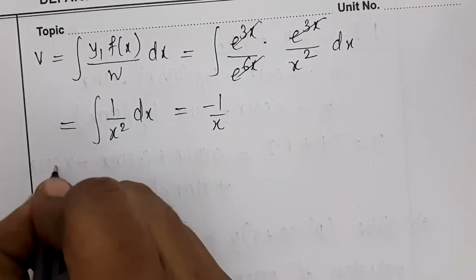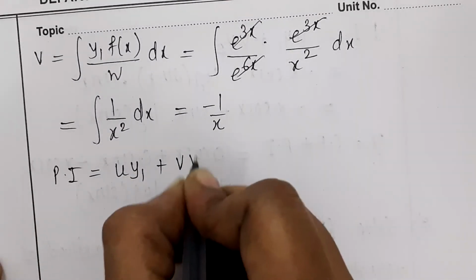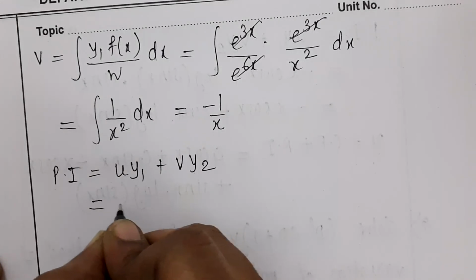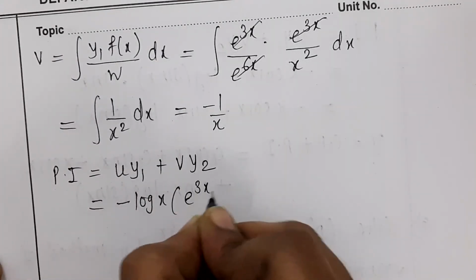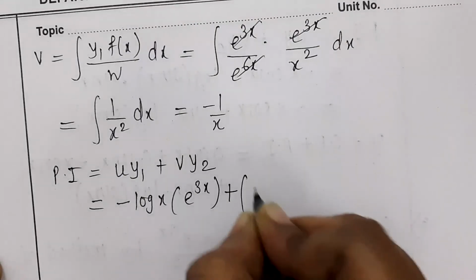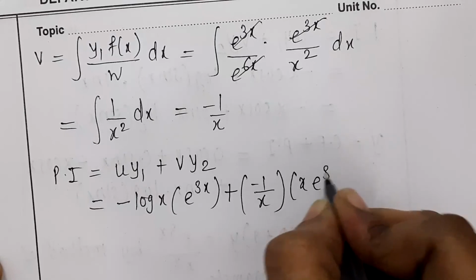Now what we want? Pi. So next, Pi is equal to u into y1 plus v into y2. So u is minus of log of x multiplied by y1, which is e to the power 3x, plus v is minus of 1 upon x multiplied by x into e to the power 3x.